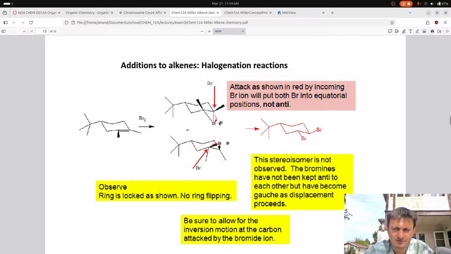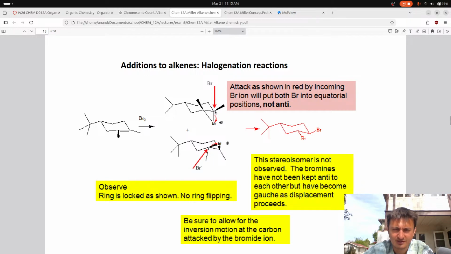The bromonium forms on the bottom, and let's say the hydrogens, the other two substituents of the alkene, are pointing up. Now imagine that the bromide ion attacks from the top, specifically here. It's different if it attacks from here. Then this goes pushed onto the bromide, so this is going to be pointing down, and this is going to be pointing up.